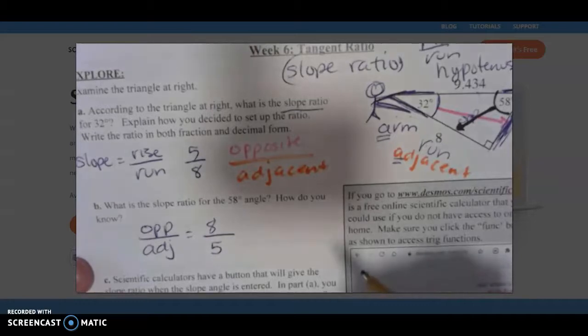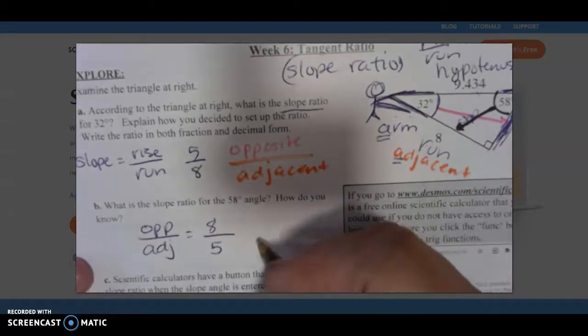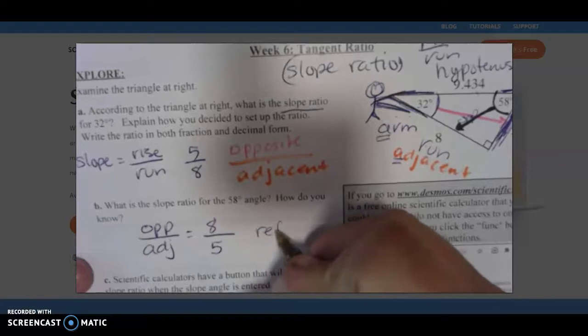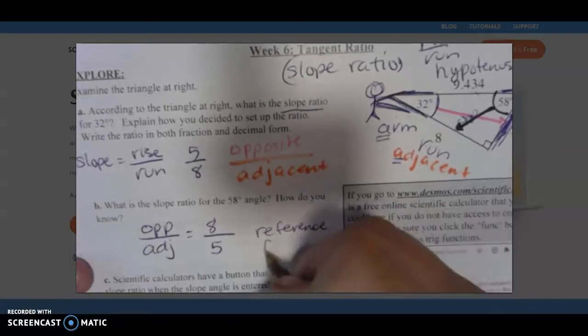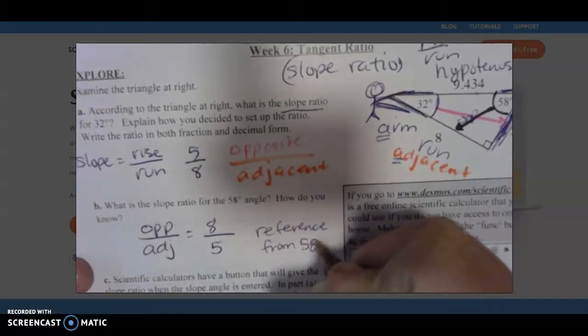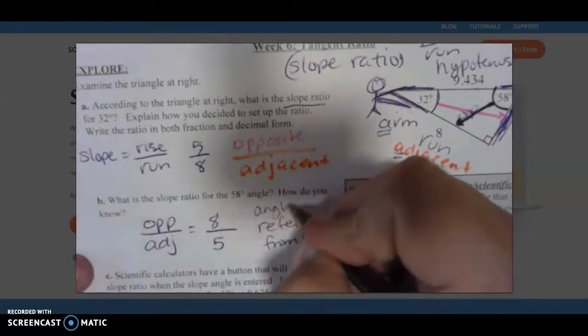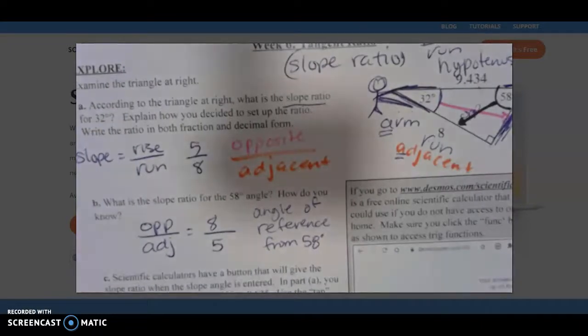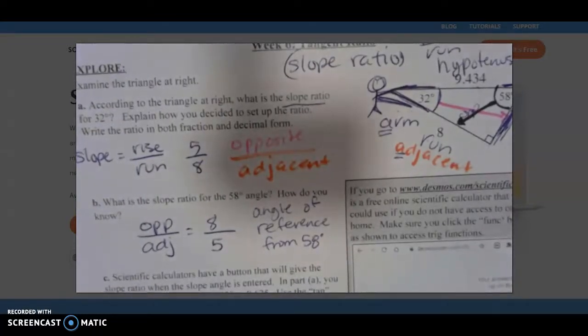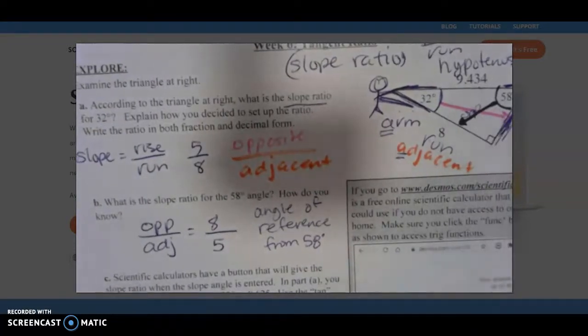And how do I know that? Because I'm using my reference from 58 degrees. Your angle of reference is always determining which side you're looking at.